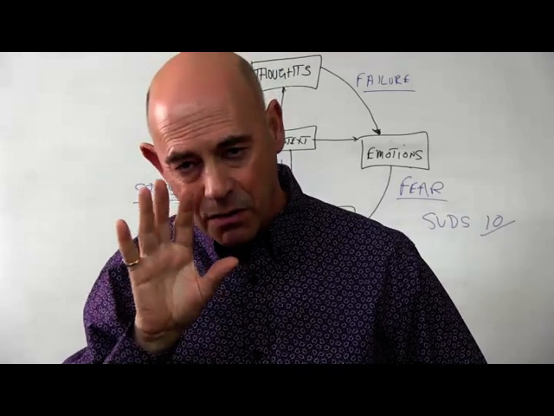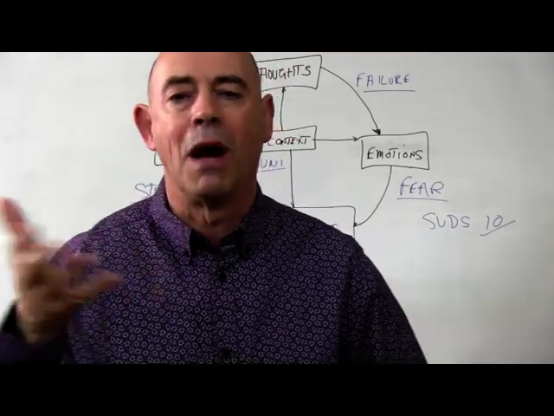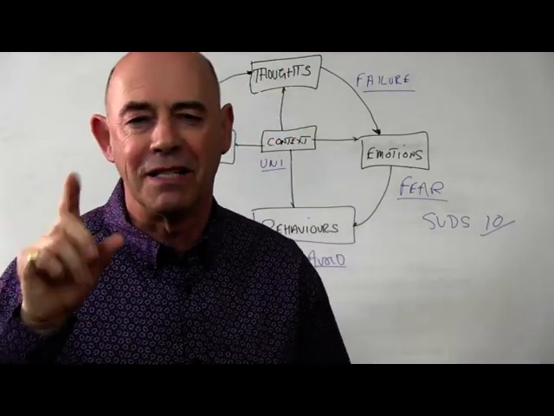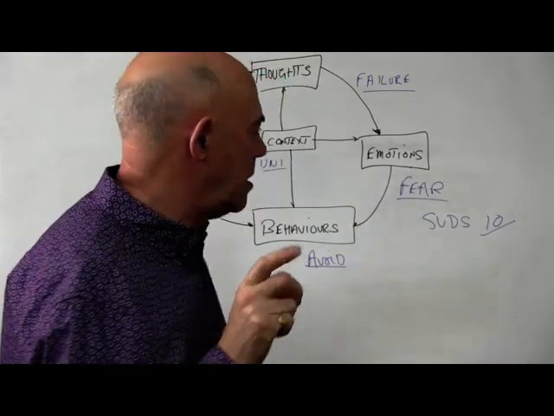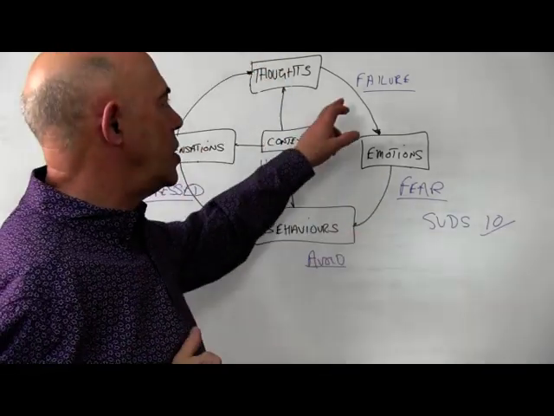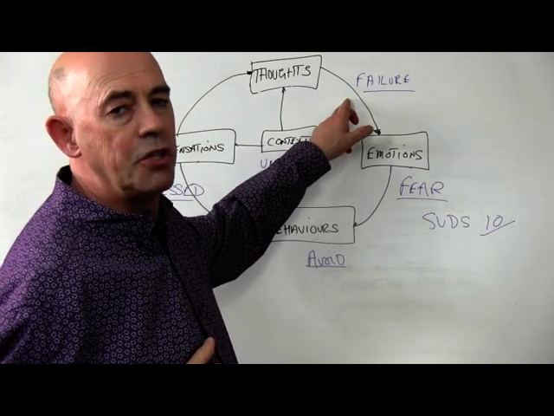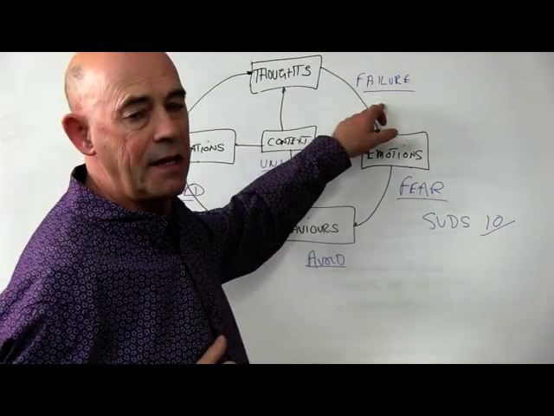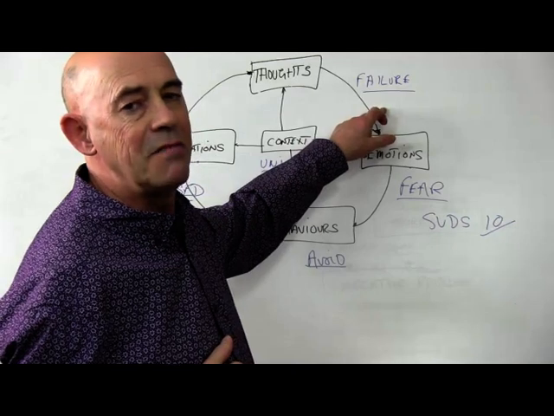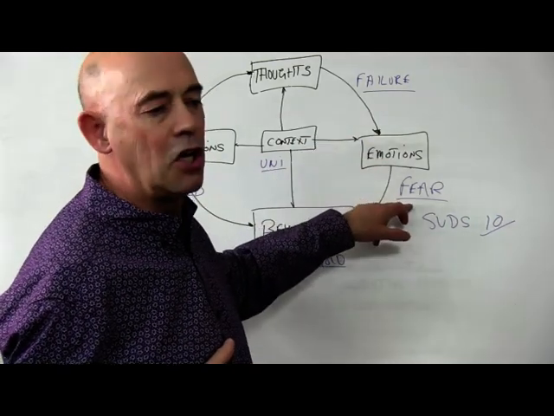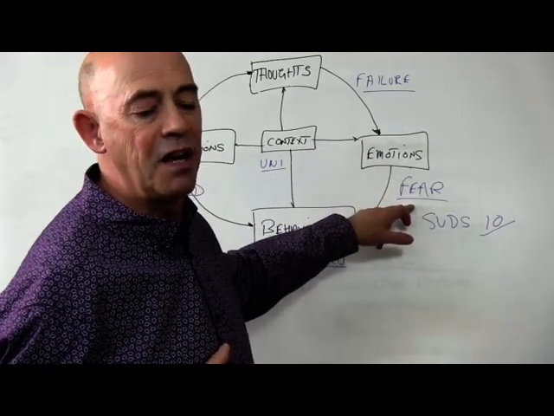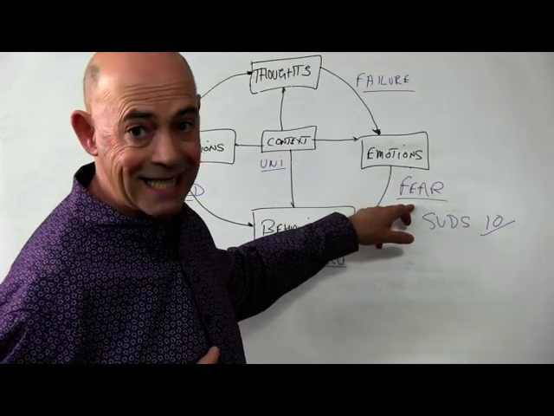Now, many of the people that know my work will go, yeah, okay, we remember that, Dave. We've seen that before. But it's true here. She is a competent student, but she's overestimating the chance of failure. That overestimation of the chance of failure is making her engage with the emotion of fear, which is an overestimation of threat.